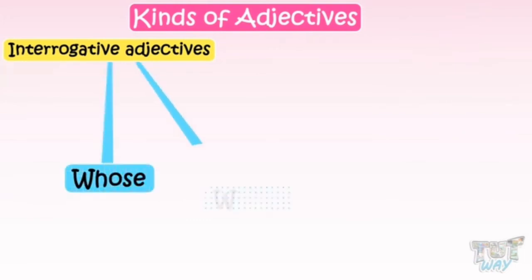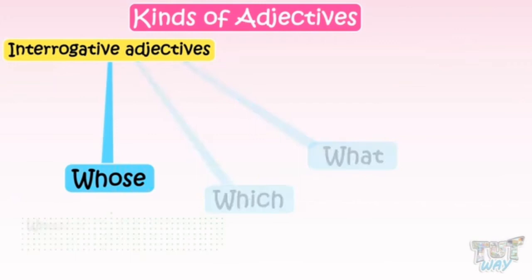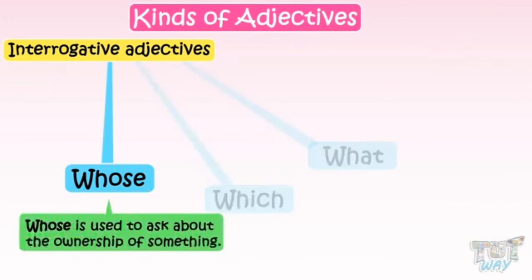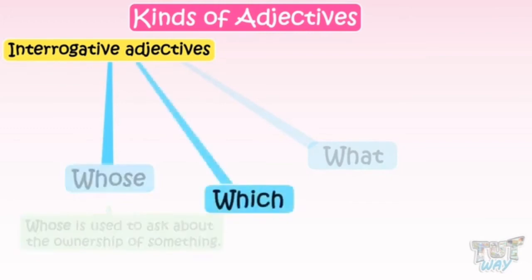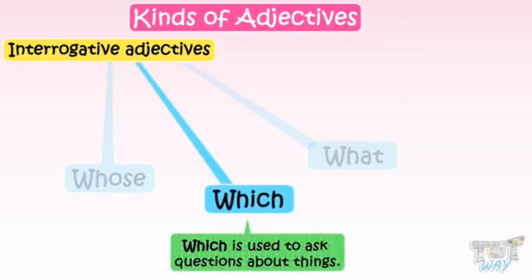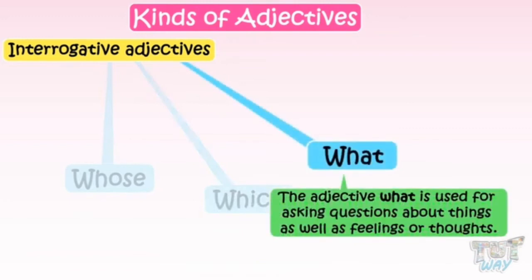Now, the interrogative adjectives we've looked at here are whose, which, and what. And I've said that whose is used to ask about the ownership of something, which is used to ask questions about things, whereas what is used for asking questions about things as well as feelings and thoughts.